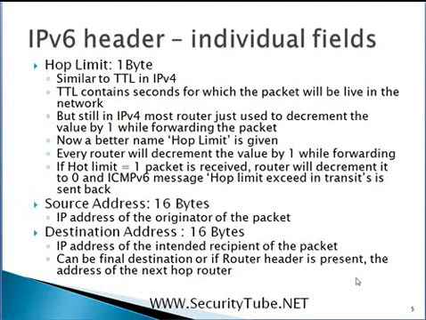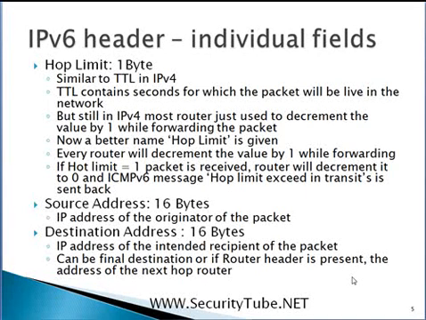The next field in the IPv6 header is hop limit. It occupies 1 byte. This is very much similar to TTL, or time to live, in IPv4. TTL used to contain the number of seconds for which the packet would live in the network, but still most of the IPv4 routers just used to decrement the value while forwarding the packet.